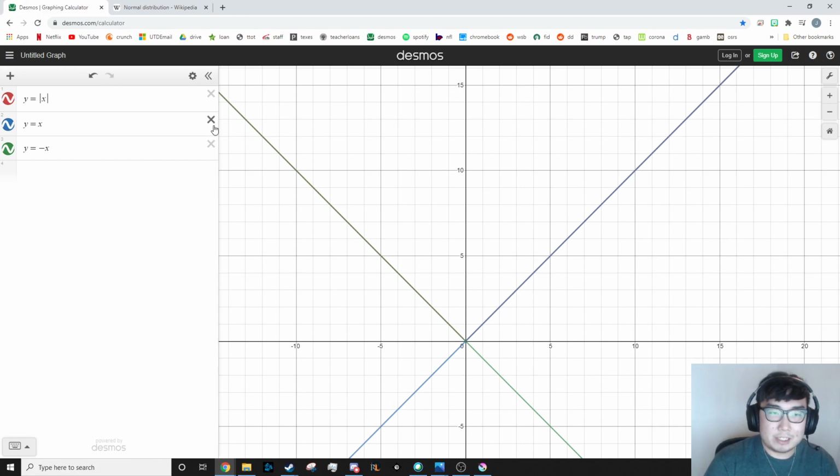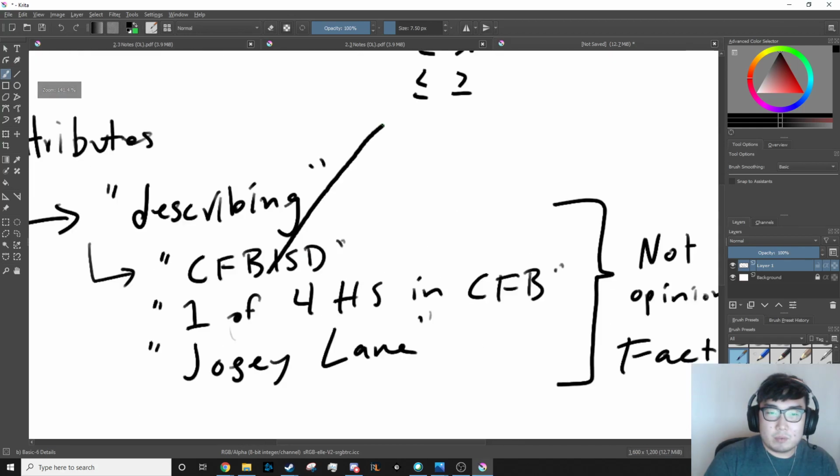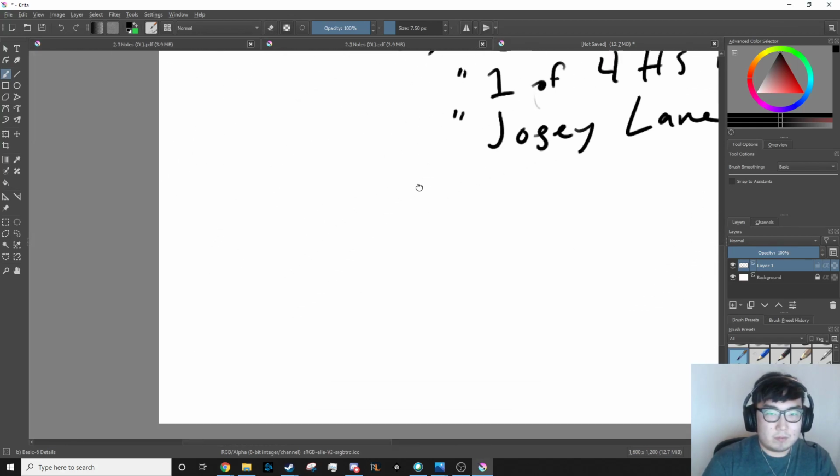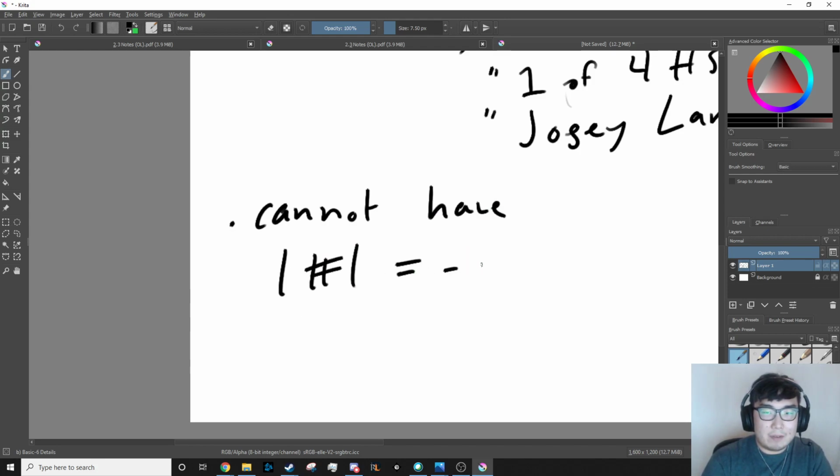Because as you know from our previous sections, we cannot have an absolute value of a number turn into a negative number. There's no way. This is a no solution.